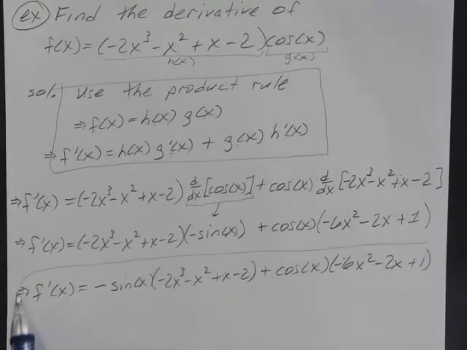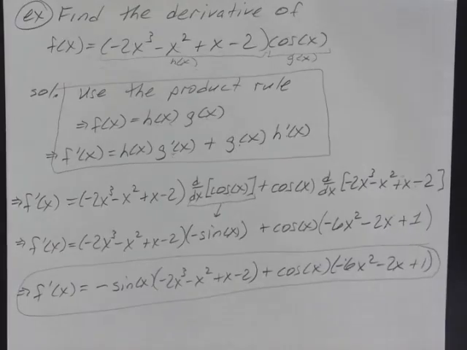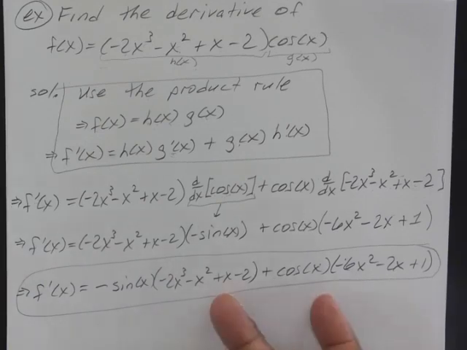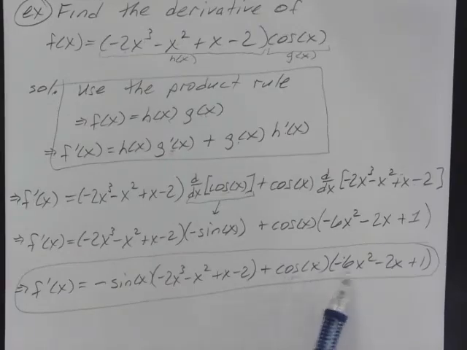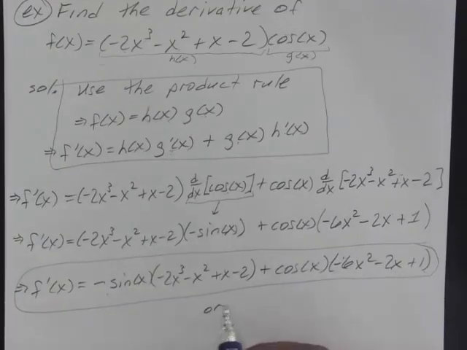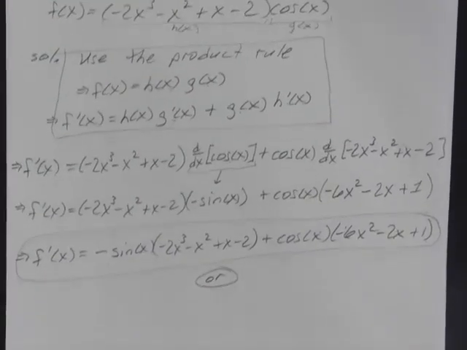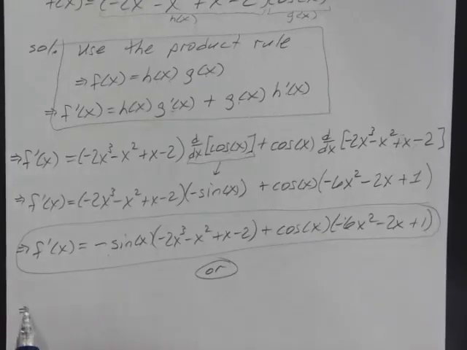You don't have to distribute the sine or the cosine. Or you can flip these two and just make it cosine of x times negative 6x squared minus 2x plus 1 minus this. But again, that's the exact same thing, so it's completely up to you.